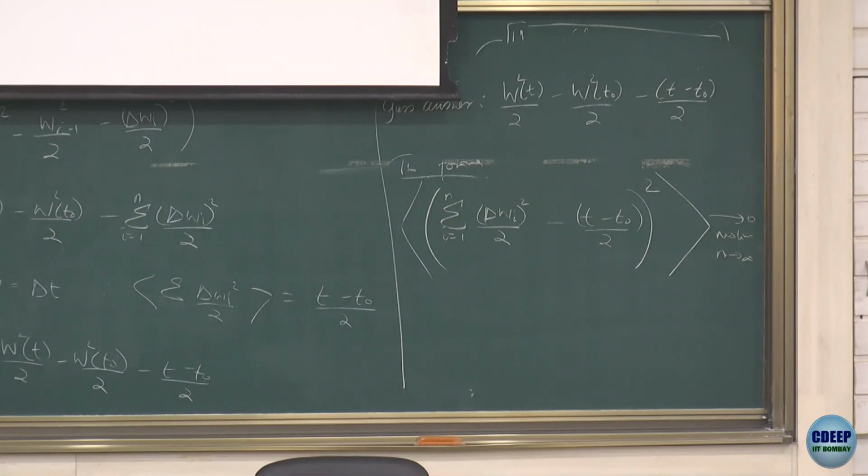So what I know is that the average of this becomes t minus t naught by 2. But is it actually equal to that in the mean square limit? That is the question.